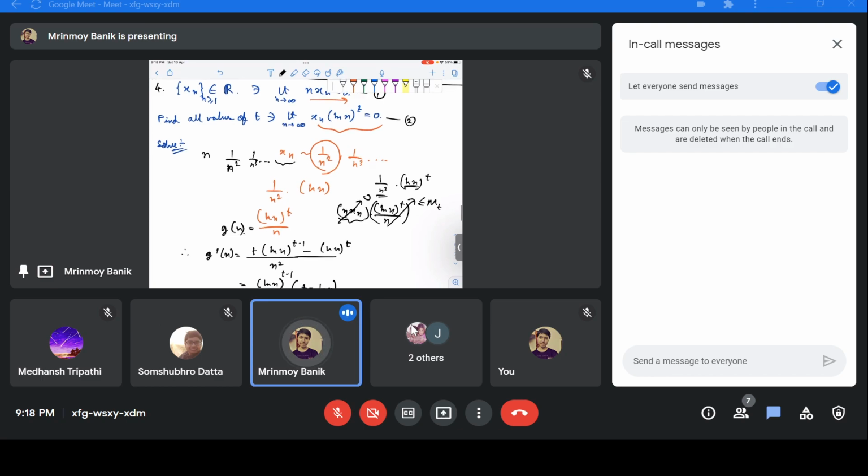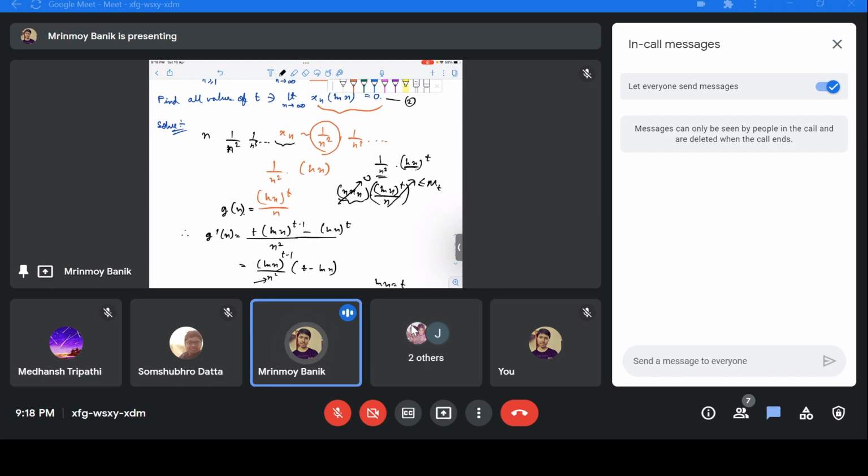We need to prove that (ln n)^t by n is finite. We need to show that it is bounded above by some finite constant.